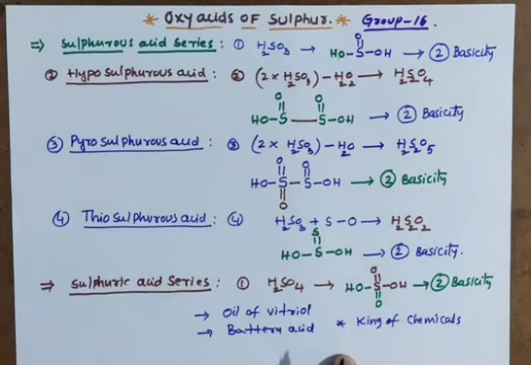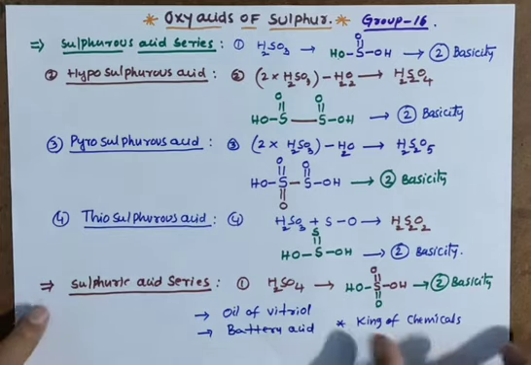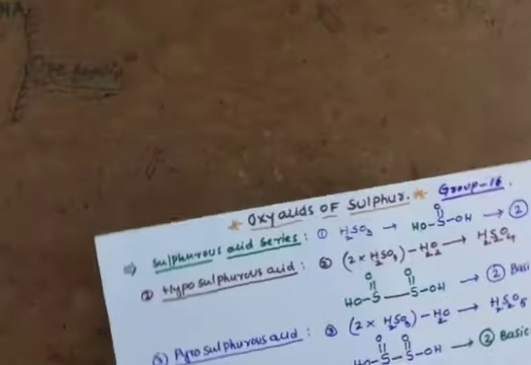These three names you have to remember for general knowledge purposes. Oil of vitriol, battery acid, king of chemicals. Now, we'll discuss the different acids in this series.